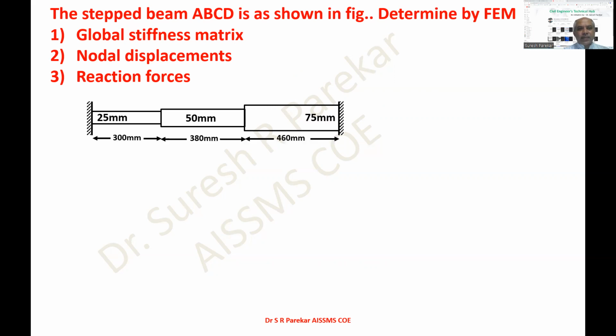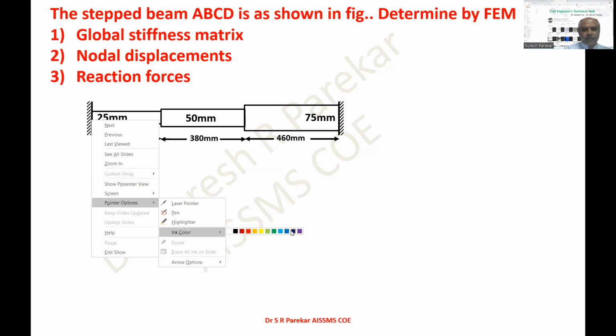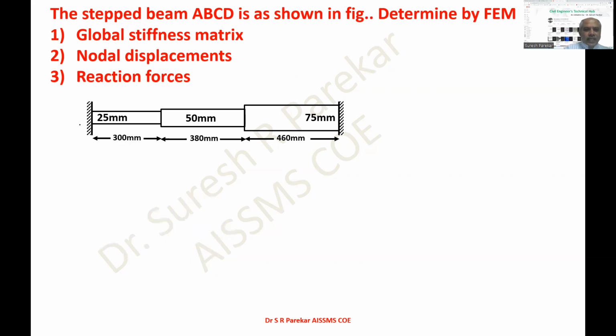Now we have this bar as A, B, C, then D. The forces applied are 50 kilonewton at B and 100 kilonewton at C. And we are interested in these three: the global stiffness matrix, nodal displacements and reaction forces.